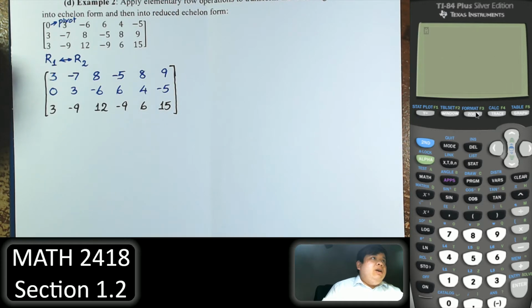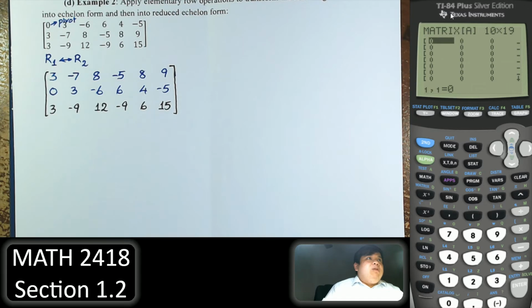Matrix. Okay, this only goes up to 6. If it's more than 6, we're out of luck. By the way, if this is more than 6, what we need to do is use the second matrix here. And let's see how. I think you can go to 10.